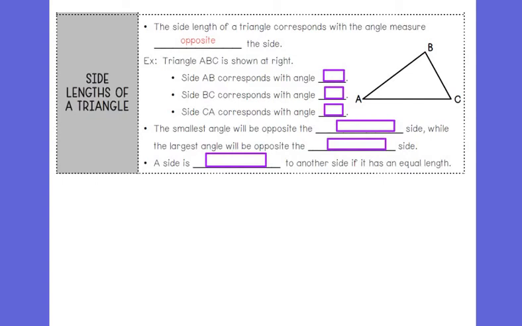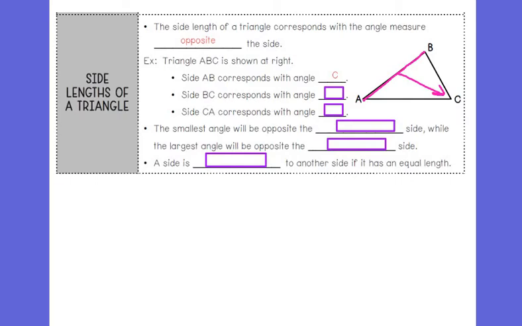Okay, so looking at triangle ABC, it says side AB, which is this side here, corresponds with a certain angle. What angle is opposite AB? It's just with a letter. C is opposite line AB. So angle C is determining how long line AB is.